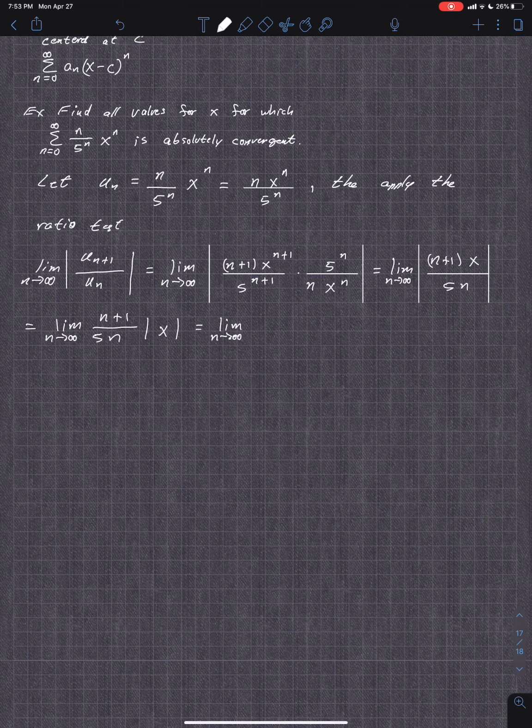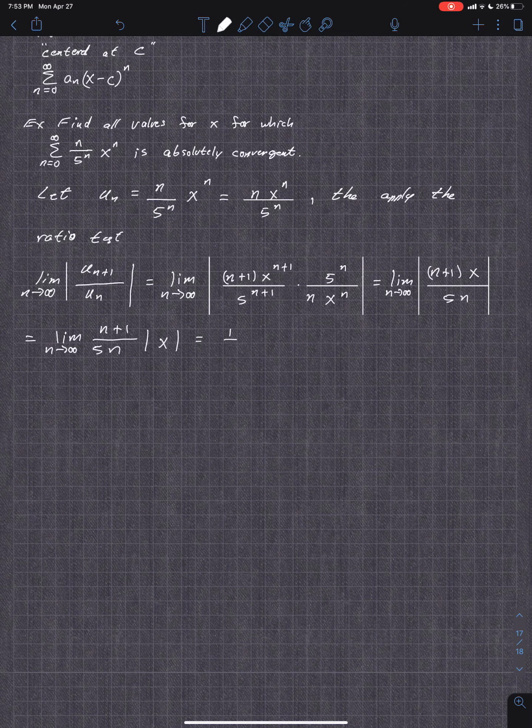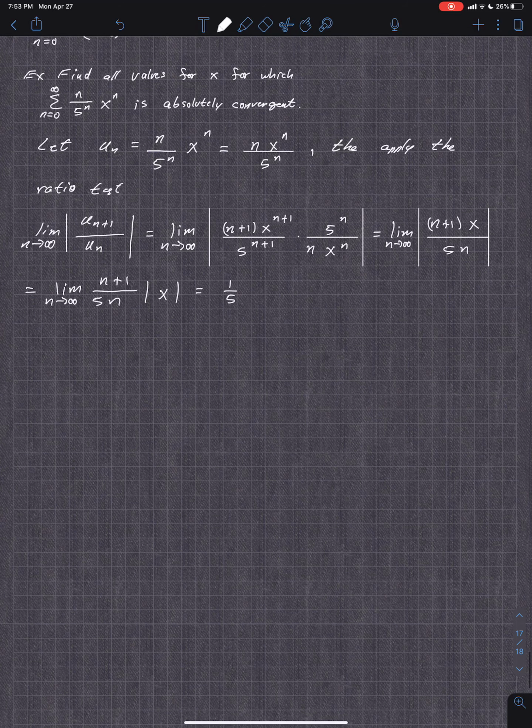So you get, actually that's kind of it. Don't need the limit there. So this is equal to 1/5 absolute value of x. So doing the ratio test, when does that converge?